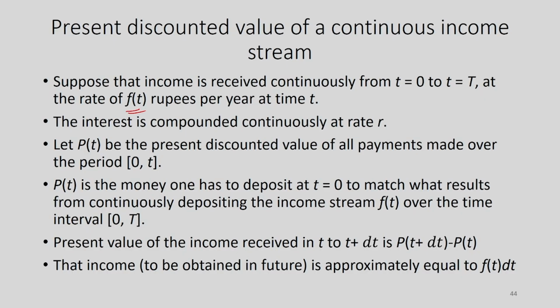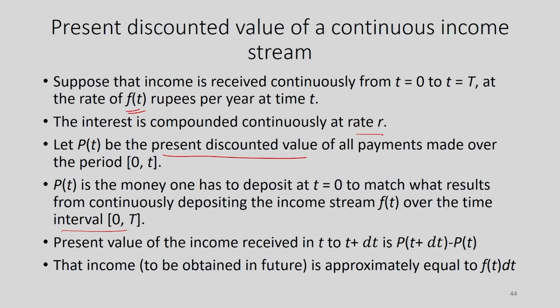The interest is compounded continuously at the rate of r. Let capital P(t) be the present discounted value of all payments made over the period 0 to small t. Now, P(t) is the money one has to deposit at point 0 to match what results from continuously depositing the income stream f(t) over the time interval 0 to t, right.